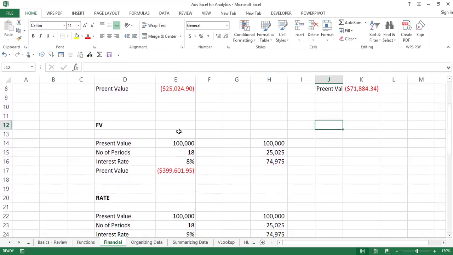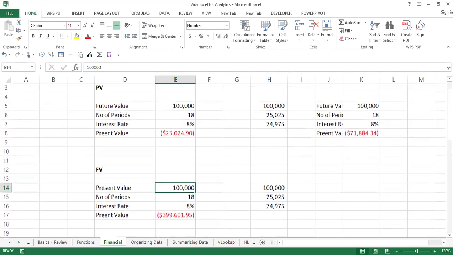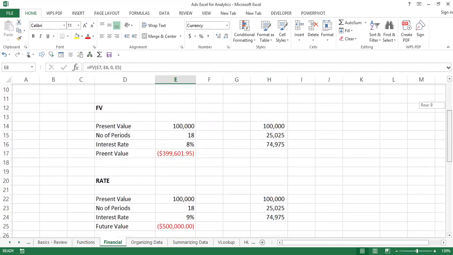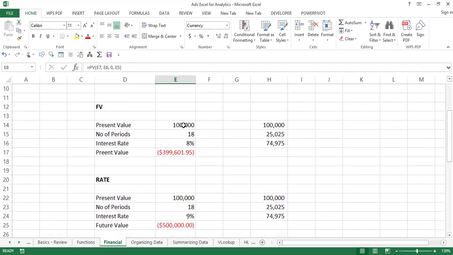So let's look at the FV function. FV stands for future value. In this case, watch here. Here, the future value was predefined, and we had to compute the present value. But in this scenario, we know the present value. We know the number of periods.